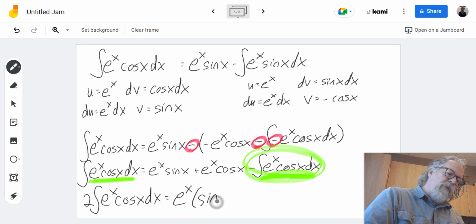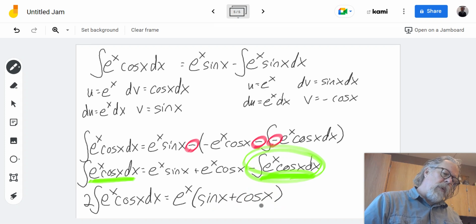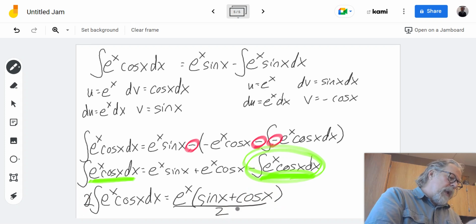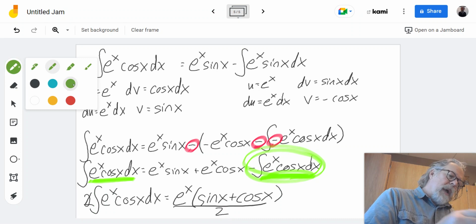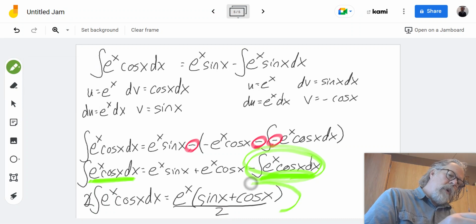I'm going to go ahead and factor the e to the x just because I can, mostly so I only have to write it once. And therefore, I can just divide that by 2, and boom, I have the answer.